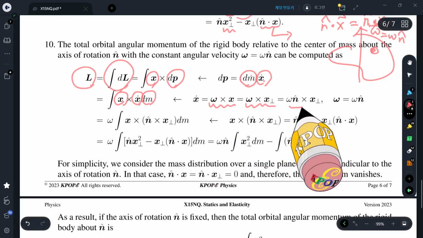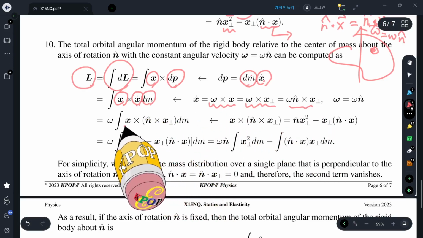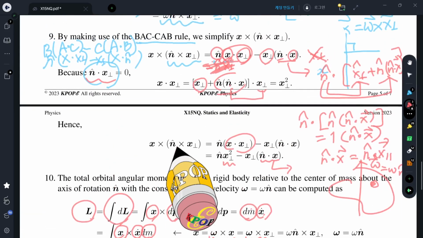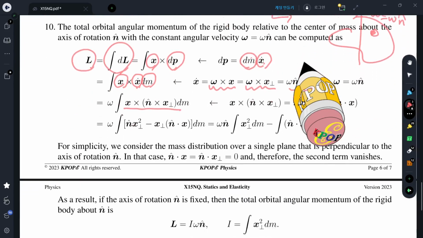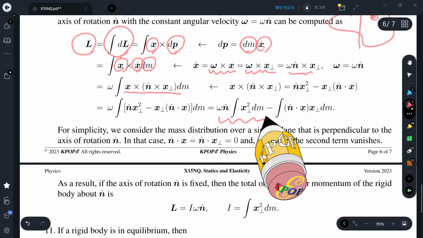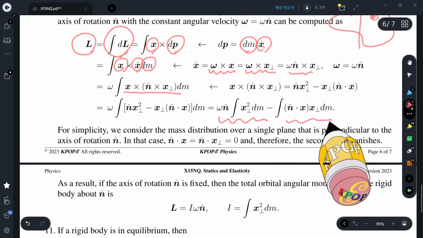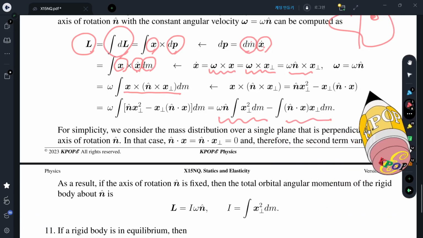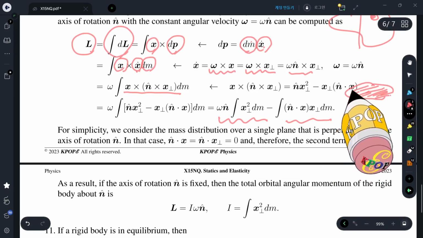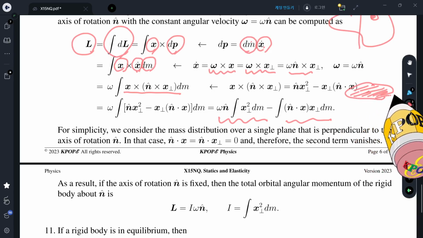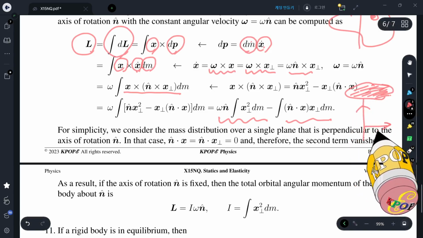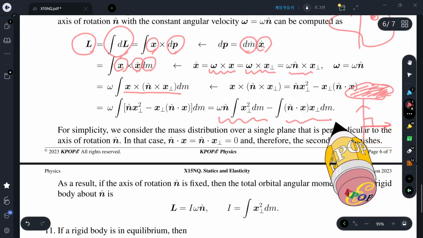So if I substitute this in here, then we have a triple scalar product. Finally, we have a triple scalar product expanded in this kind of form. The first term is x perp squared times mass, and the other term is rather complicated. However, if we restrict ourselves to a planar form, that is a flat form on the xy plane, then x is always perpendicular to the axis of rotation.